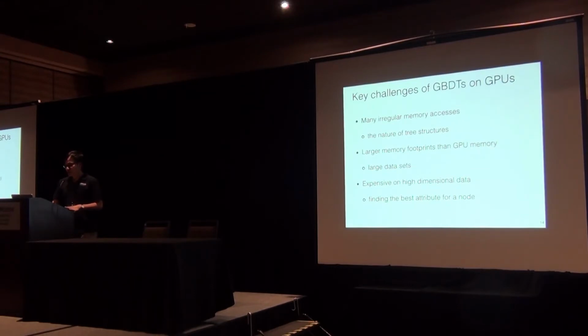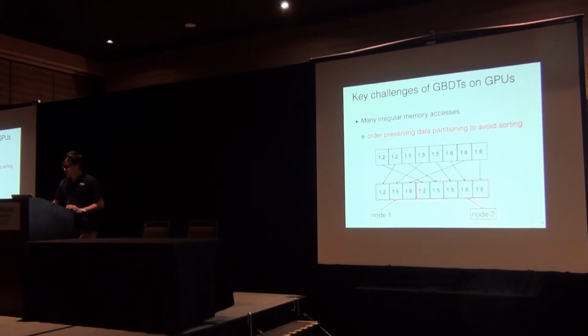The second challenge is that the intermediate result is much larger than the GPU memory, especially for large data sets. And the third challenge is that training high-dimensional problems can be very expensive, because for each dimension we need to find the best split points and then pick out the best dimension.